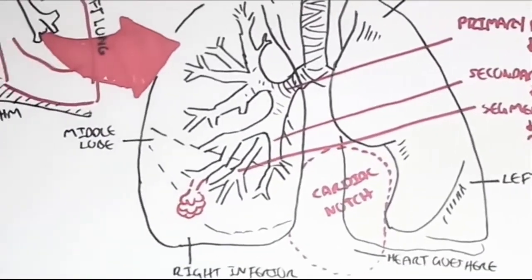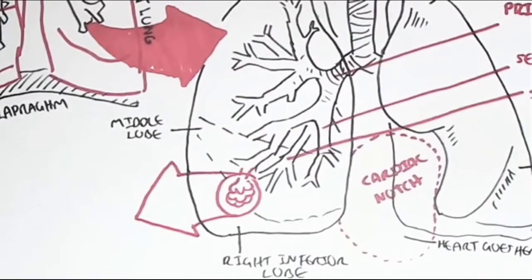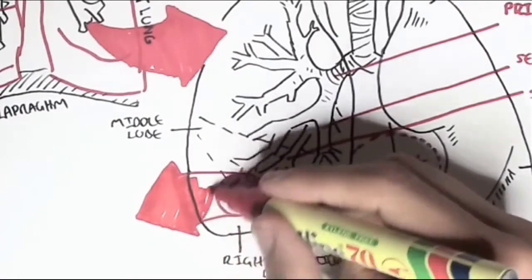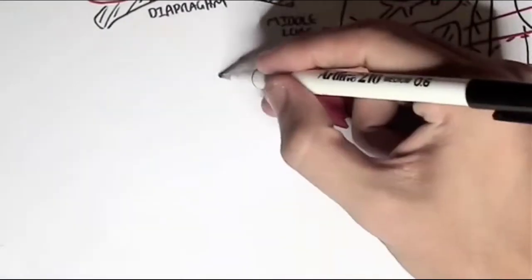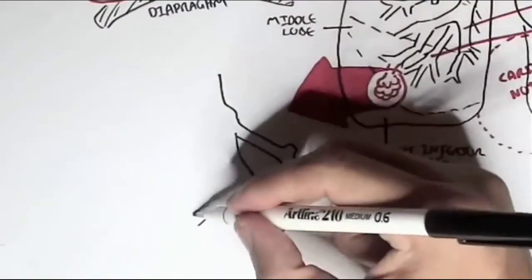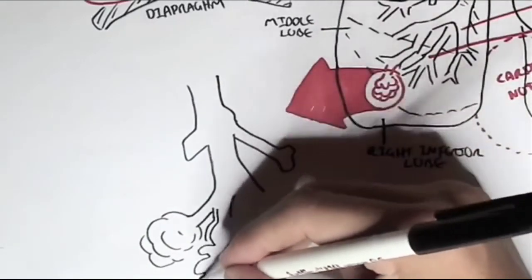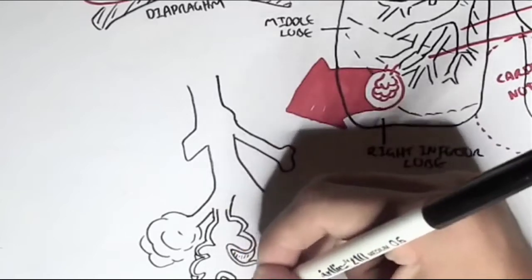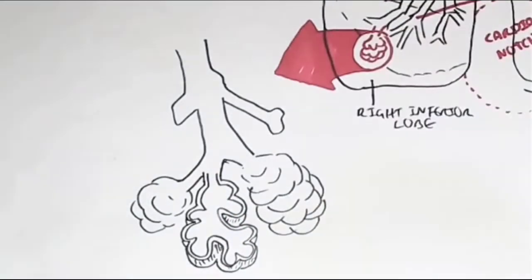And next, moving onwards, the last point of division is the alveolus, a ball-like structure. This is the alveolus. Of course, to each of these alveoli sacs, we have blood vessels coming in and out of the lungs.